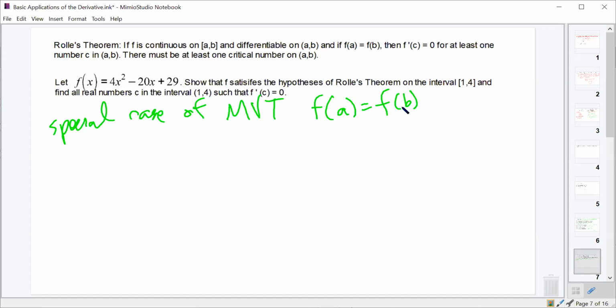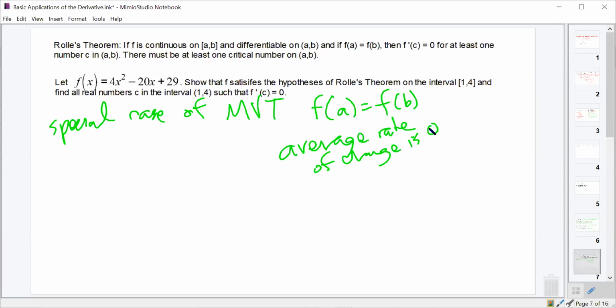Right? If f of a equals f of b, then what does that tell you about the average rate of change? That tells you that the average rate of change should be zero. And that would tell us that the derivative equals 0, at least one place on that interval. Tells us there's at least one critical value on that interval.